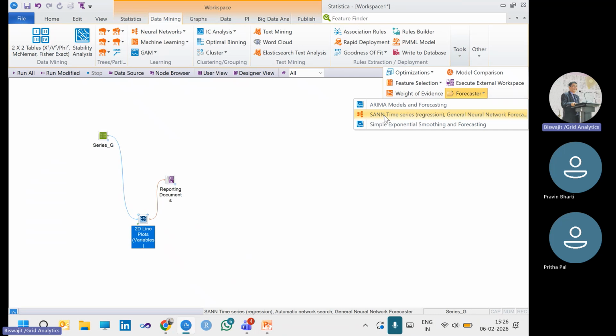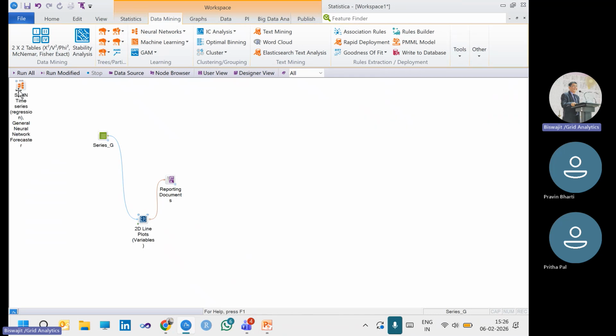We have a node called SAM. If I double click here, I get the same time series regression we experienced in our ribbon bar. So let's connect both the nodes for the analysis.